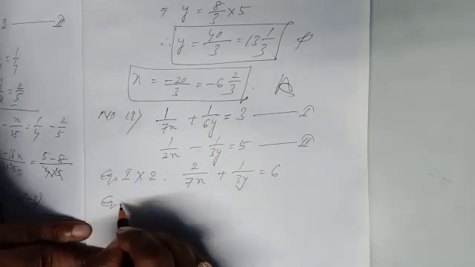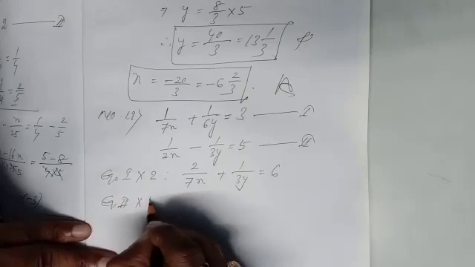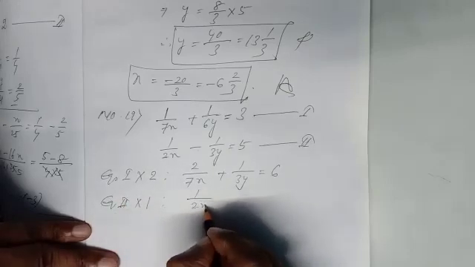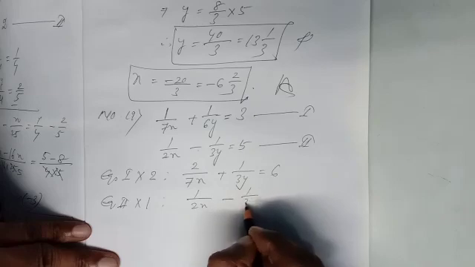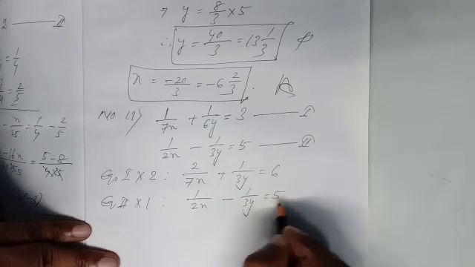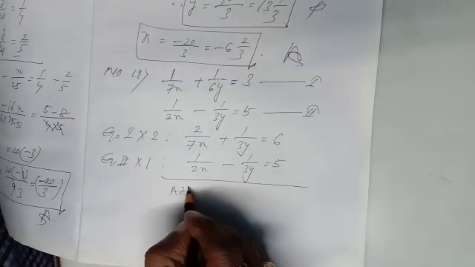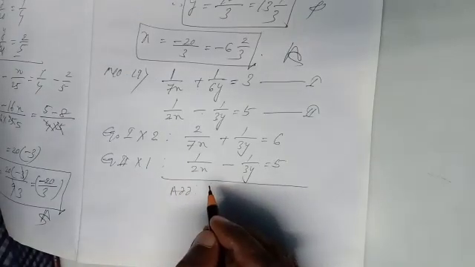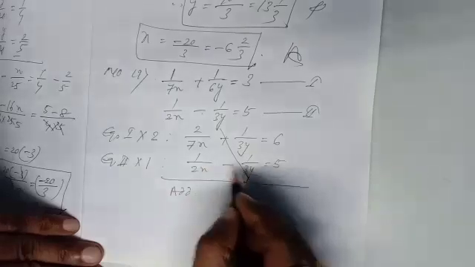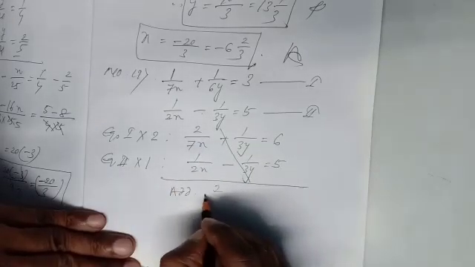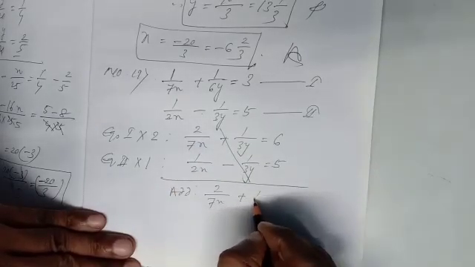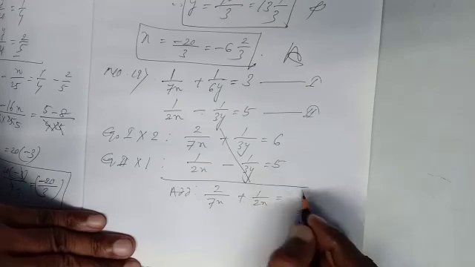Then equation 2 into 1: 1 by 2x minus 1 by 3y is equal to 5. Now add. Plus 1 by 3y minus 1 by 3y will cancel out. 2 by 7x plus 1 by 2x, and this is 6 plus 5, 11.